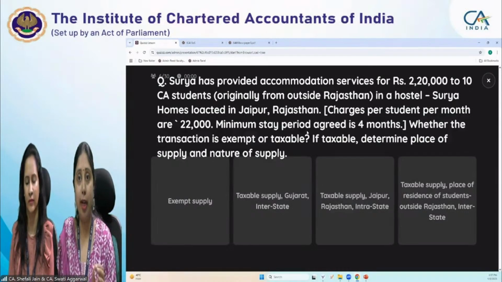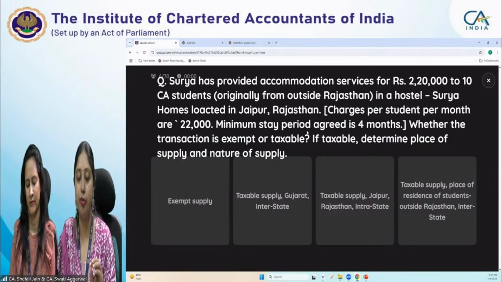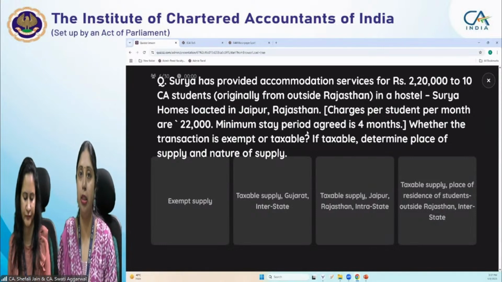So when the value of supply is up to rupees 20,000 per person per month, value is per person per month. So here also the value per student per month is 22,000.